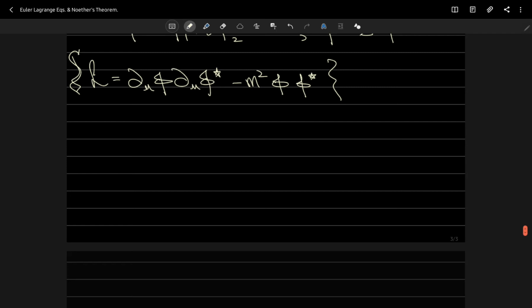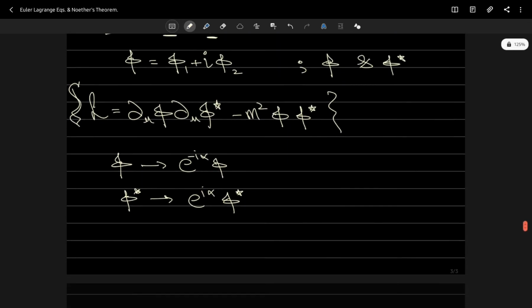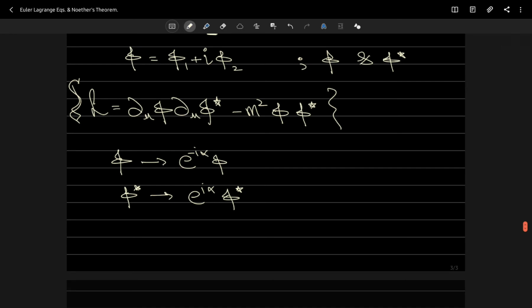One would be for the field phi, which simply transforms as exponential negative i alpha times phi, and the other would be for its corresponding conjugate field, phi star, which transforms as exponential i alpha times phi star, right?